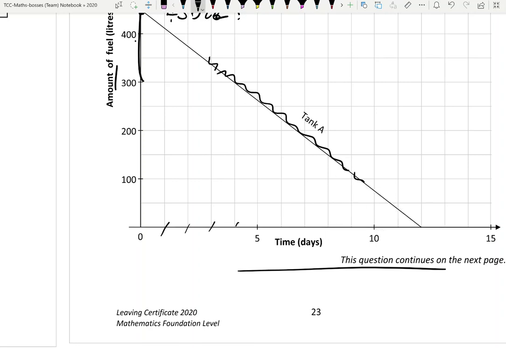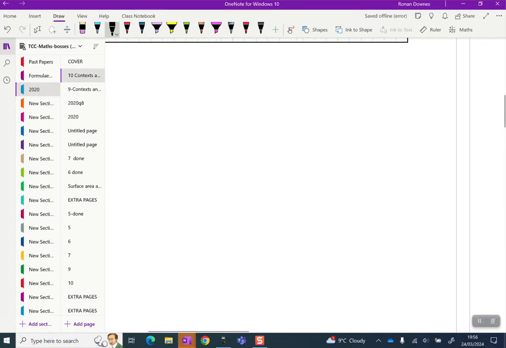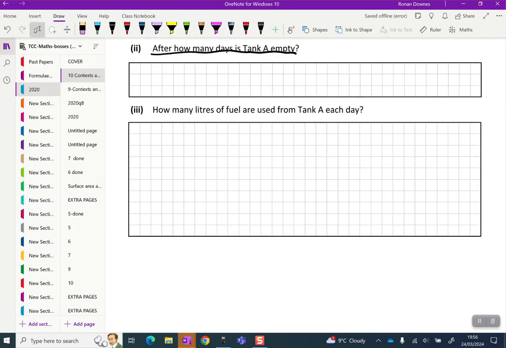Now we're 2 boxes beyond 10, so we're at 12 days. How many liters of fuel are used from Tank A each day?